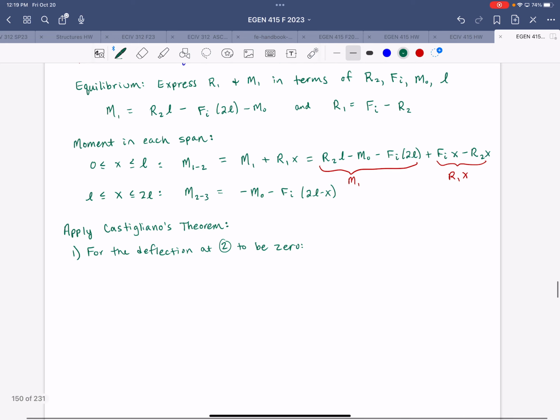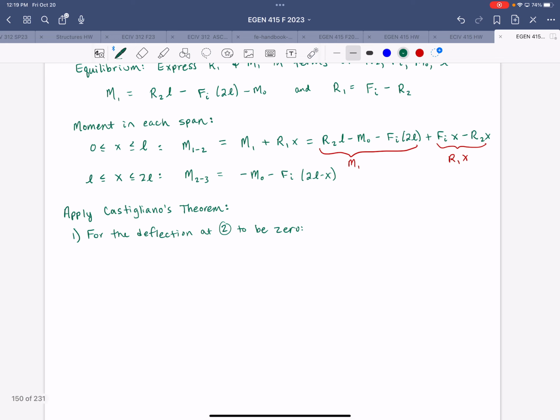All right, so for this portion of the solution, we actually don't need the fictitious force. I set it up in advance because we'll use it later. But we'll start here.